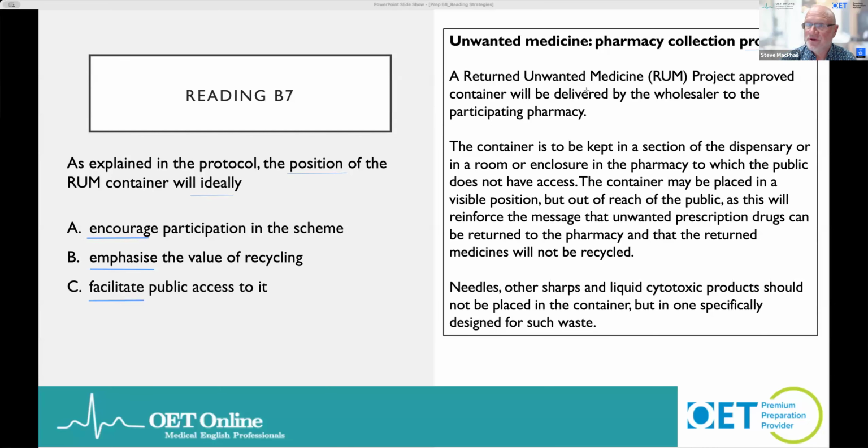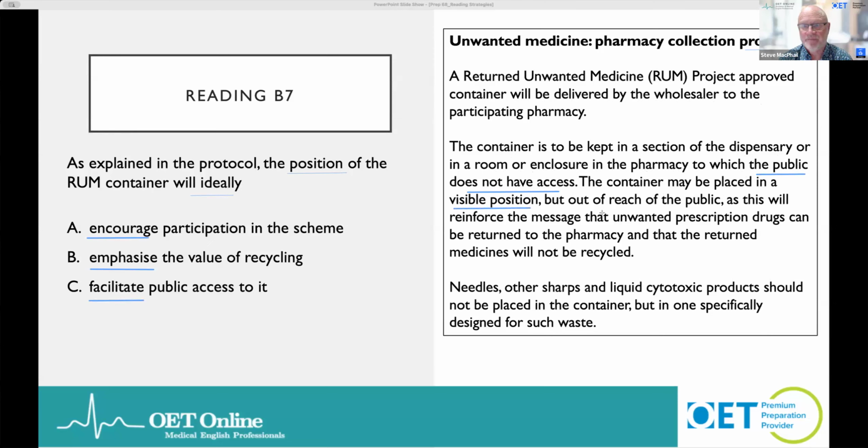A returned, unwanted RUM project approved container will be delivered by the wholesaler to the participating pharmacy. That's our background. The container is to be kept in a section of the dispensary or in a room or enclosure in the pharmacy to which the public does not have access. The container may be placed in a visible position.